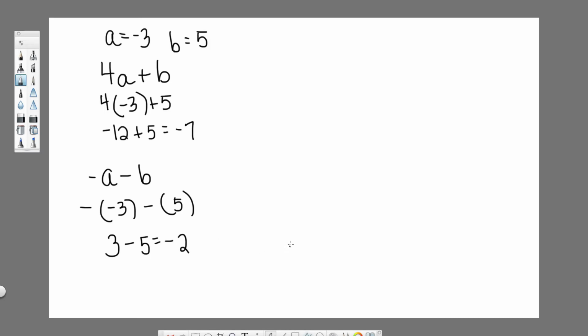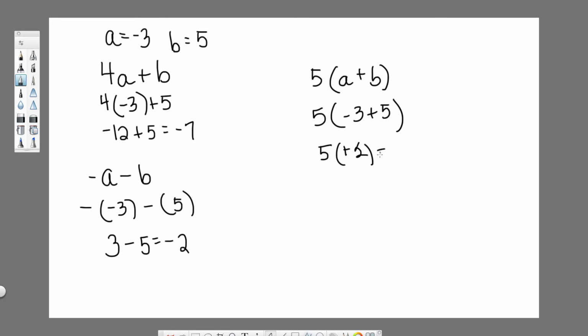All right, the third problem said 5 times the quantity A plus B. So it's going to be 5 times -3 plus 5. Again, in order of operations, you do what's in parentheses first. -3 plus 5 is +2, which gives me +10. So take a second and check your answers and make sure you got them correct.